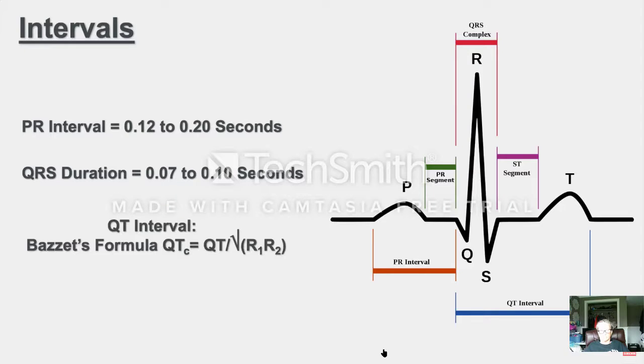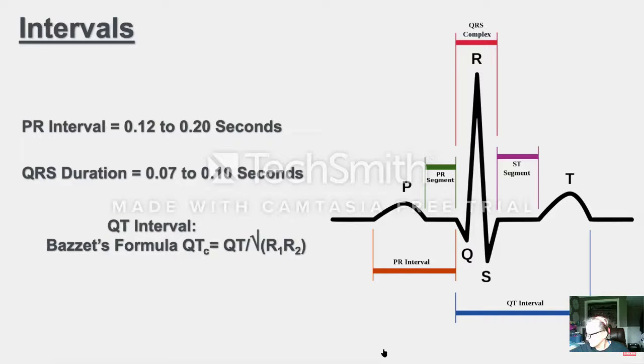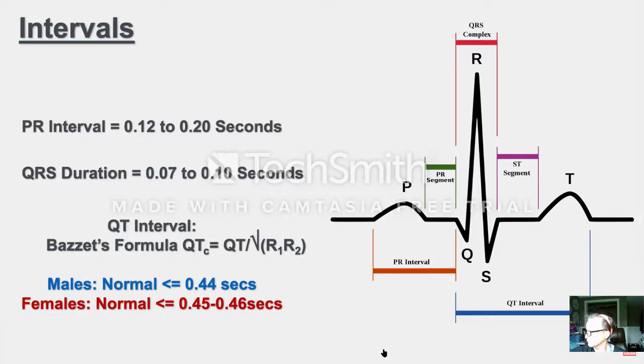And we talk about the QT interval, and it's a bit complex for a beginner lesson on ECGs, but the QT interval, we've talked about it before, is formally calculated by what we call Bazett's formula. So QT corrected equals QT divided by the square root of the RR interval. You really don't need to know that, but just remember that in males and females, the QT intervals are generally different.